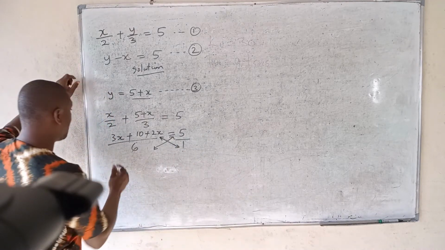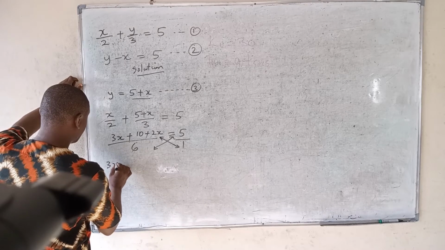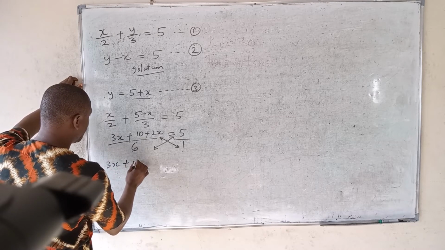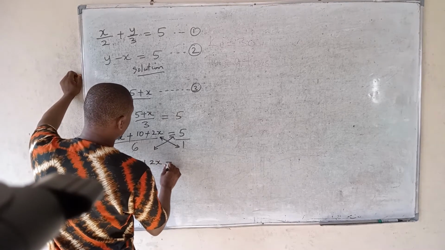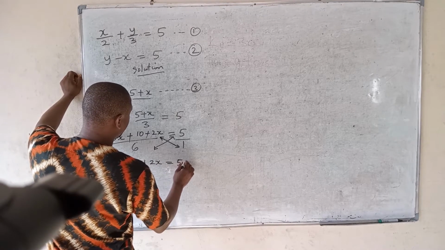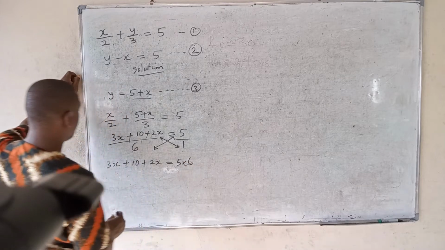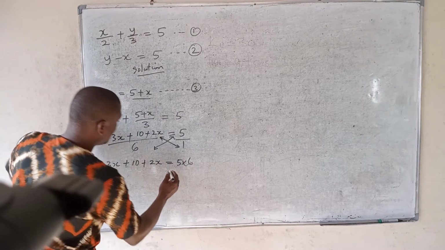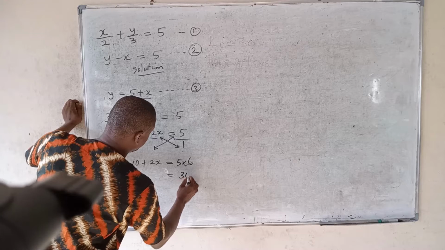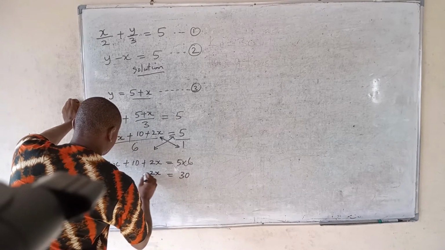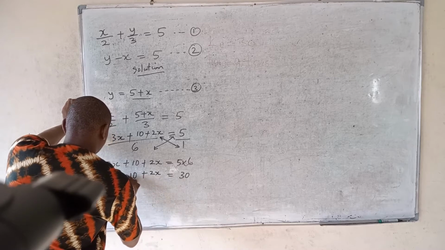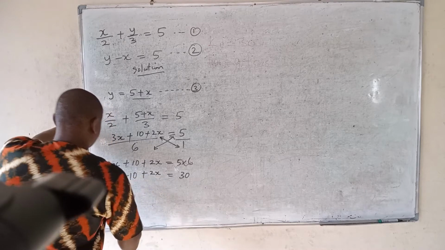So if you cross multiply, you have 3x plus 10 plus 2x equal to 5 times 6. 5 times 6 is 30, which is equal to 2x plus 10 plus 3x.